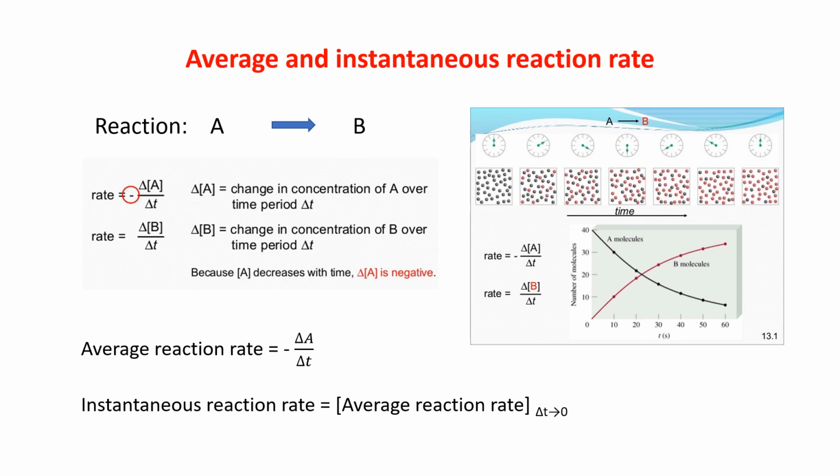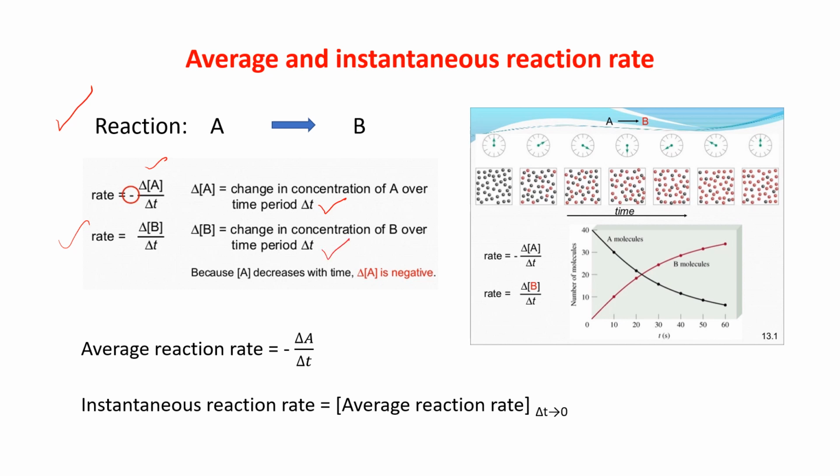The reaction is A giving you B. So the rate of the reaction can be taken in two ways: with respect to A, that is minus delta A by delta T, where delta A is the change in concentration of A over time period delta T, and with respect to B, rate is equal to delta B by delta T, where delta B is the change in concentration of B over time period delta T.